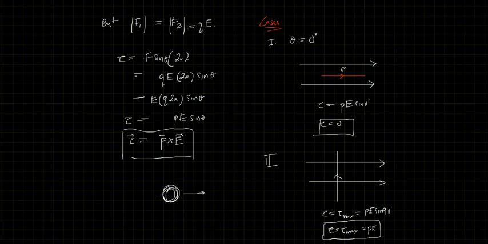If it is a non-uniform electric field, it is not only going to spin, but it will also move. Understand? So in short, when an electric dipole is placed in a uniform electric field, it will spin.